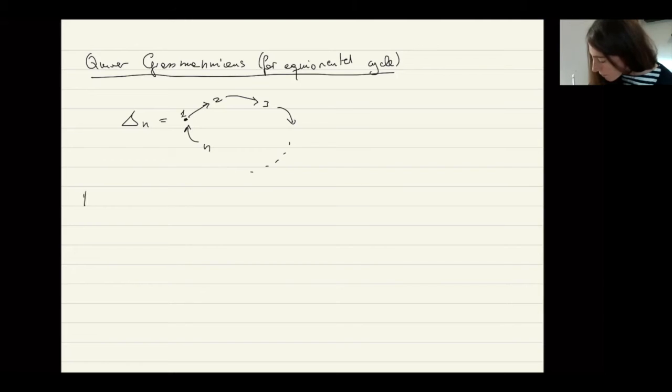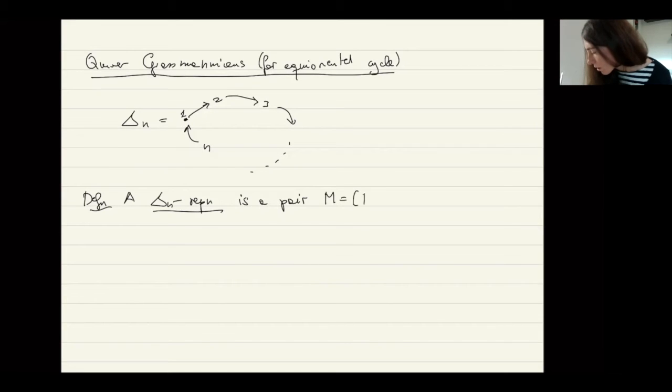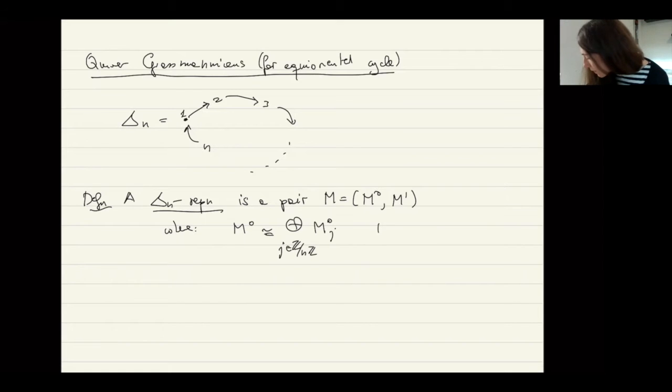Now the definition: a Delta n representation is a pair M given by M0 and M1, where M0 is a finite dimensional complex vector space equipped with a Zn grading, so M0j is finite dimensional.